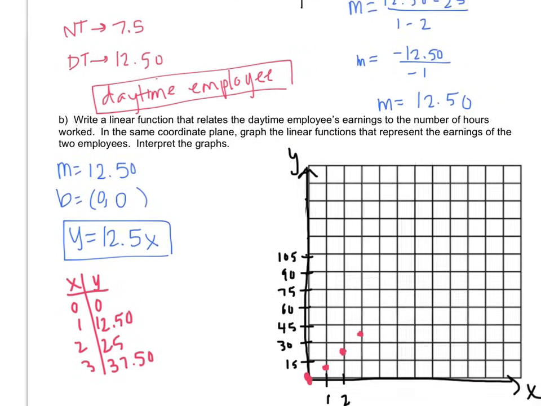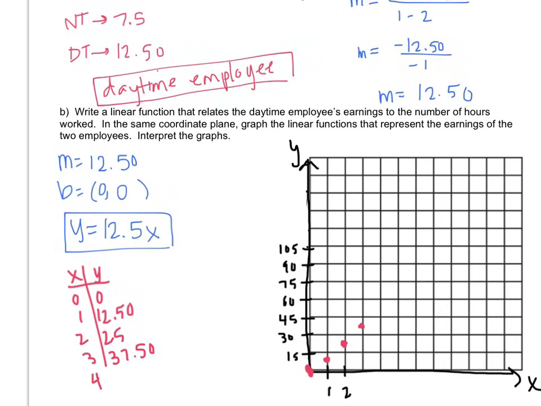Yes, they have 50. So I'll put that on as well. Okay, this is the daytime employee. And I'll write the equation, y equals 12.5x.